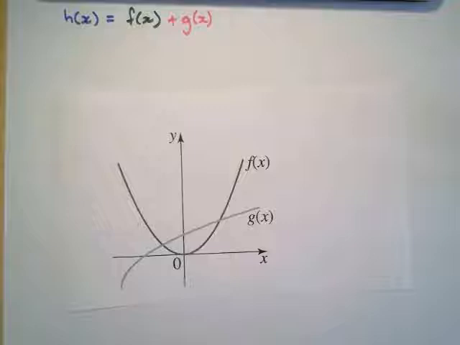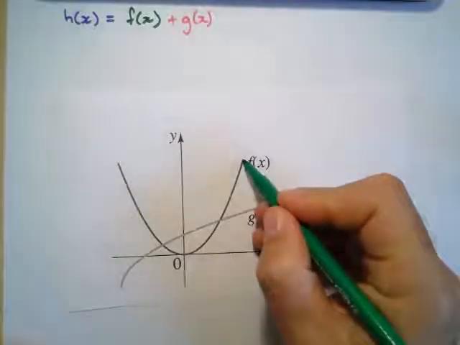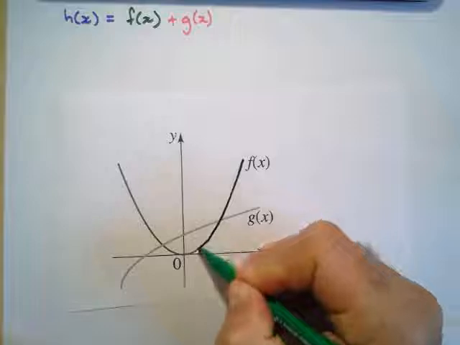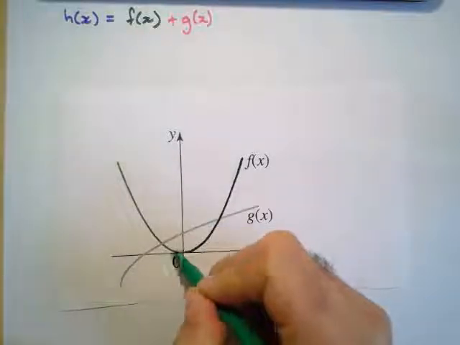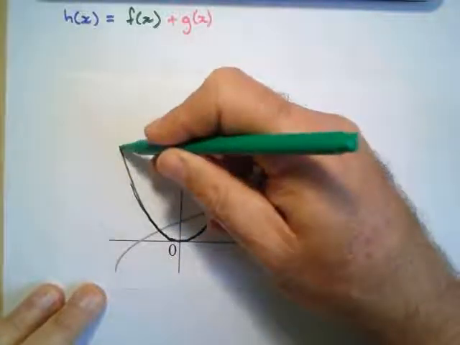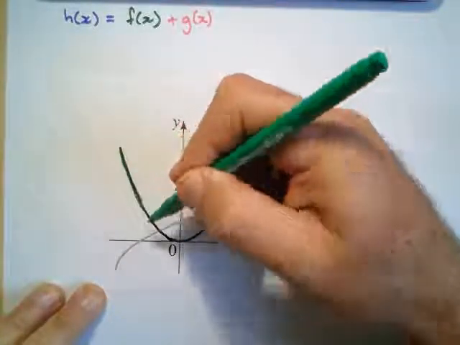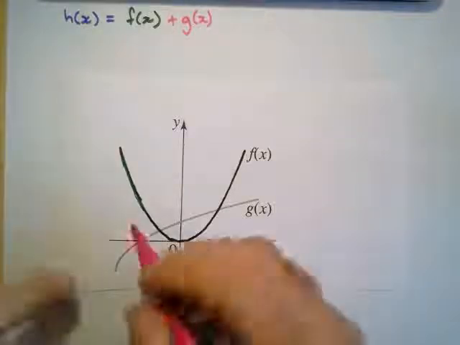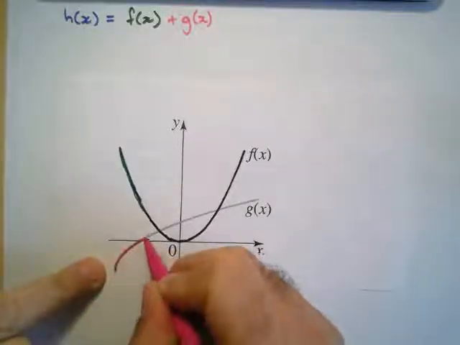So f(x) plus g(x). Now just so you can see where I'm working, this is going to be f(x), the green one, and g(x) is the pink one.